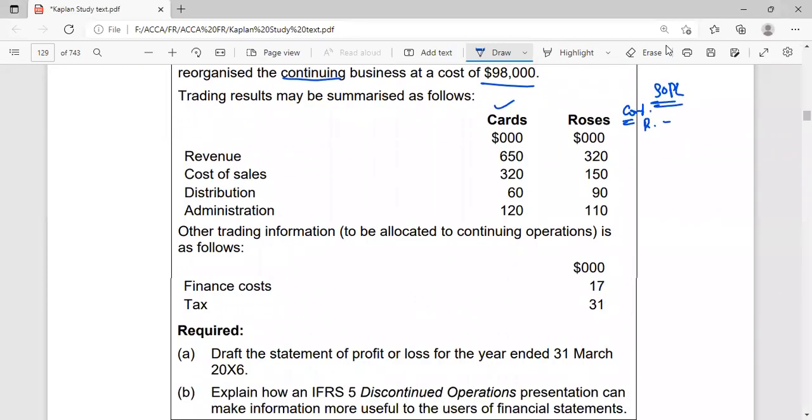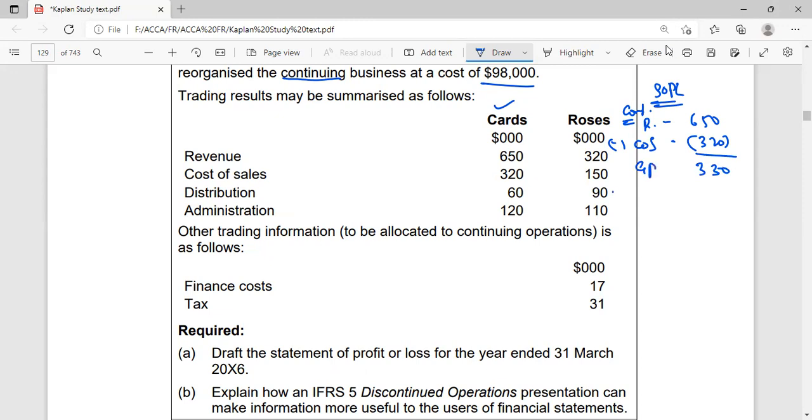So revenue is 650 less cost of sales 320. Then the difference, 330, is the gross profit, less distribution cost 60 and administration cost 120, so total 180.